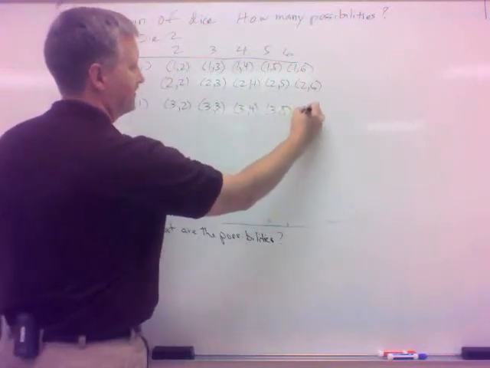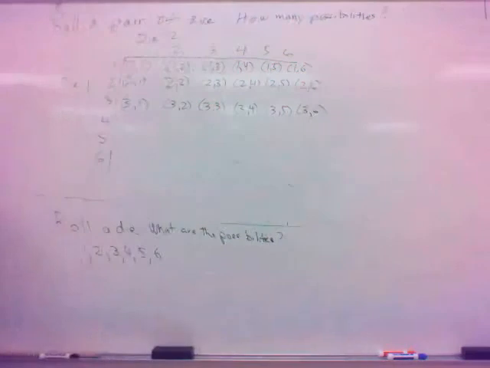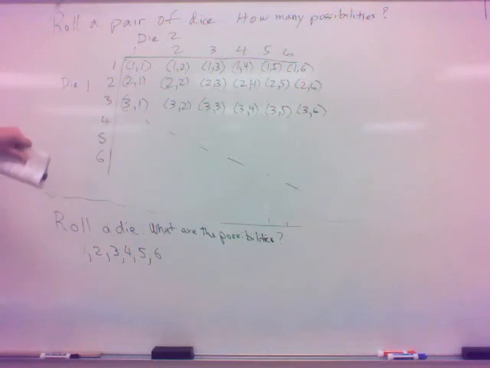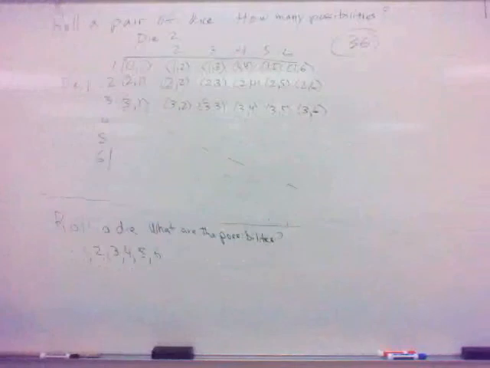I don't know if I'm going to write all those out, but you can finish it out if you want to, and it's in the book. They have the table there too in this chapter. So how many possibilities? 36, right? 6 lines of 6 each. That's 36. Okay?